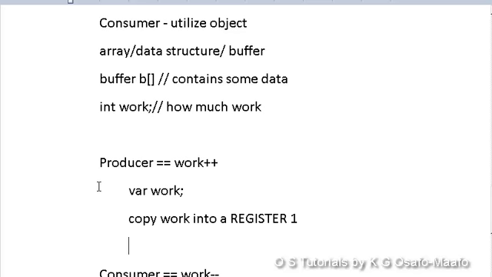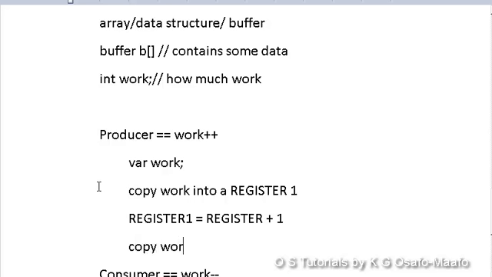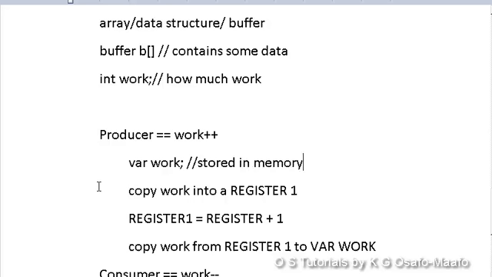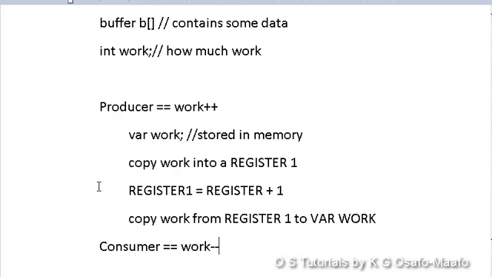It is going to increase whatever is in register 1, and then it's going to copy the work from register 1 to a variable called work. Now this variable, whenever you define a variable, it's actually stored in memory. So anytime a computer is working on something, it has to copy it from your hard drive into memory, works on it, and when it finishes, it puts it back.